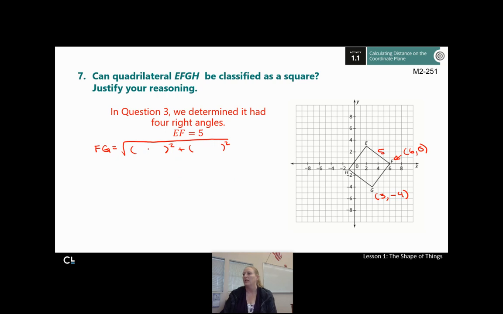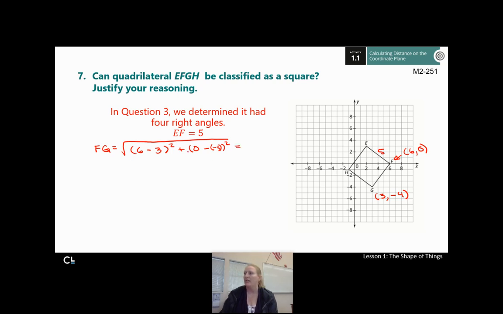So let's see. We've got to subtract. My x-coordinate is 6, his x-coordinate is 3. So 6 minus 3. And then y-coordinates, right? His y-coordinate is 0, the other y-coordinate is negative 4. Ooh, watch out for that. Okay, let's work this out.